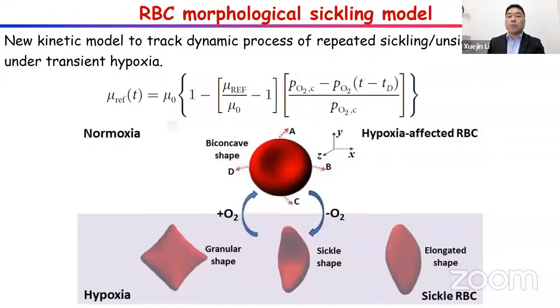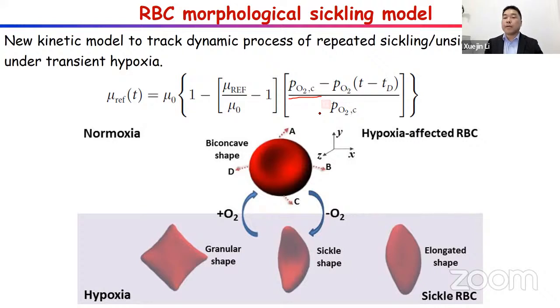Here, we try to model the cell sickling and unsickling process and study the sickle cell behavior in microchannels. So here, we develop a kinetic model to track the dynamic process of cell sickling and unsickling and transient hypoxia. And we include the oxygen pressure, the oxygen level, in this equation.